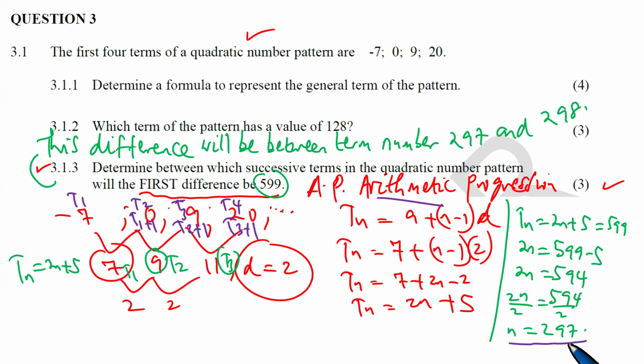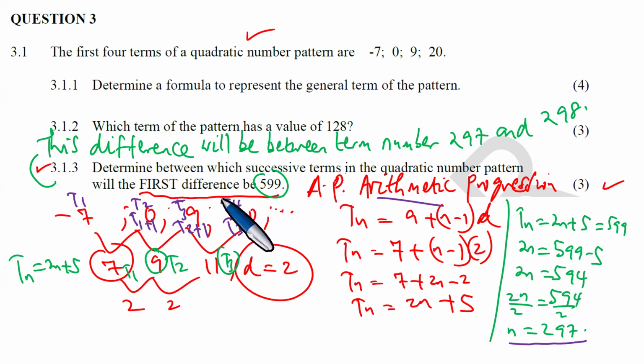So if you get 297, this difference will be between term number 297 and 298. Because they said determine between which successive terms in the quadratic number pattern the first difference would be this.